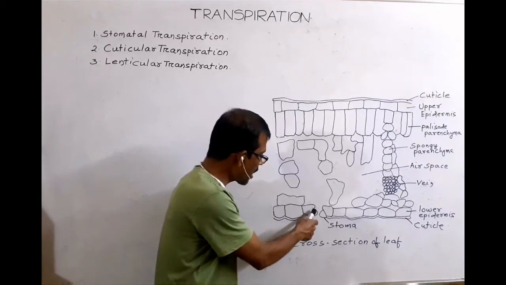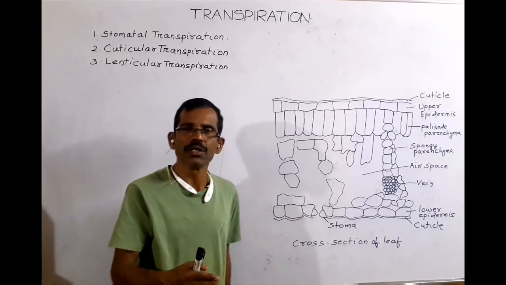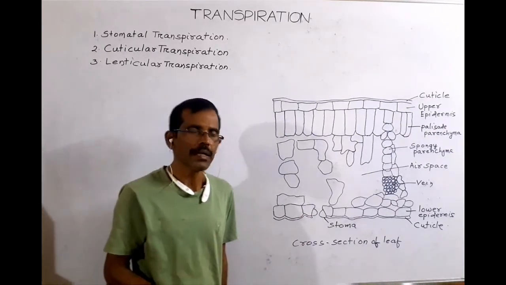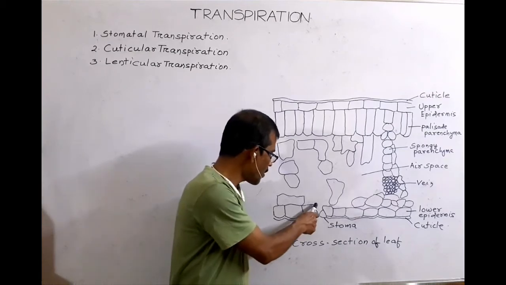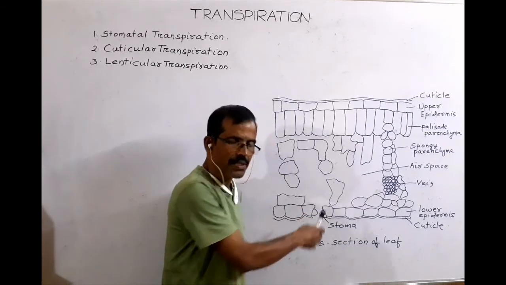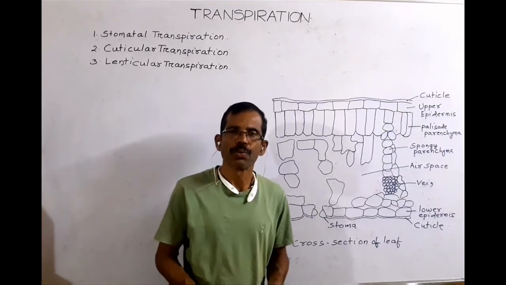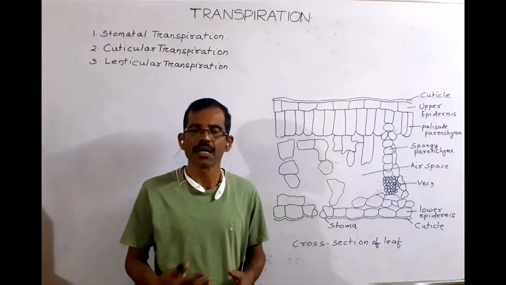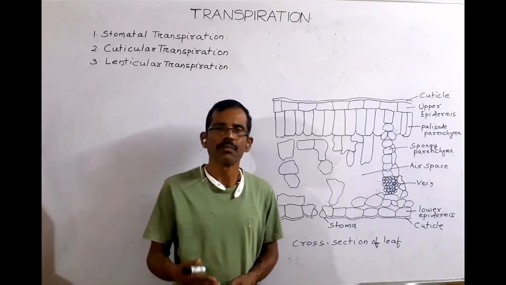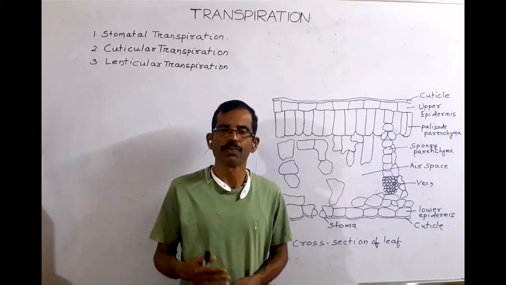And this type of evaporation, in which water is evaporated from the lower surface of the epidermal cells, is known as peristomatal evaporation.